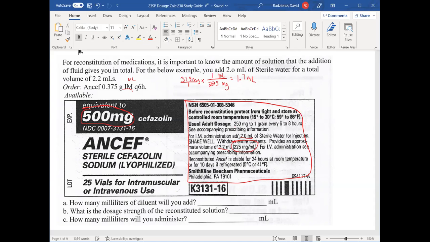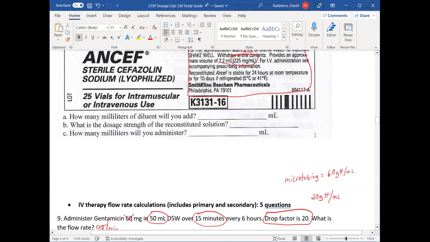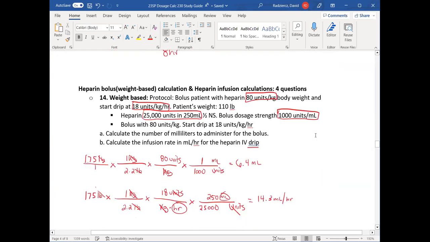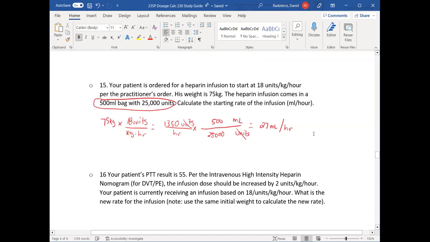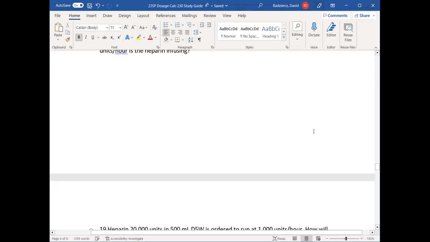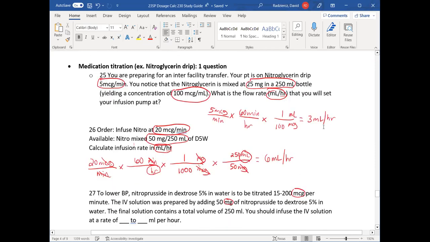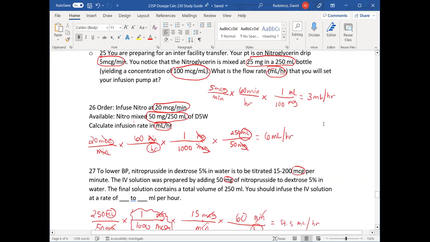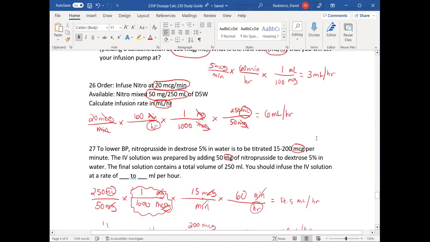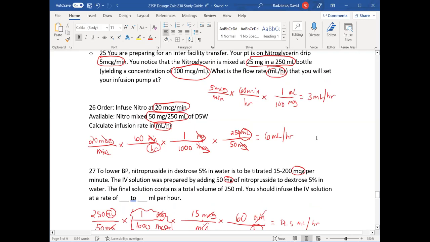So it is 230, but it's still applicable to you guys for 240, including some additional practice problems for the heparin protocol, as well as converting micrograms per minute to milliliters per hour. And I've also worked through these. They're posted up on YouTube. The ones I did on Tuesday, and the ones I've done today will also be posted up on YouTube either later tonight or tomorrow morning.